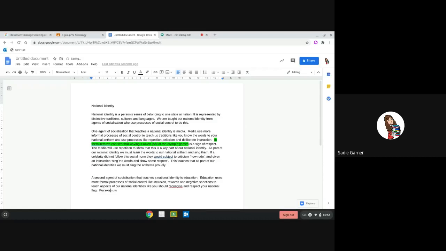For example, teachers may criticise or frown when a student cannot recognise the Scottish flag.